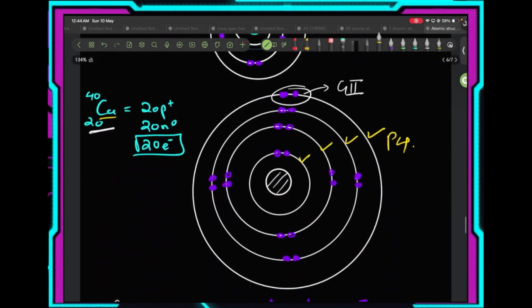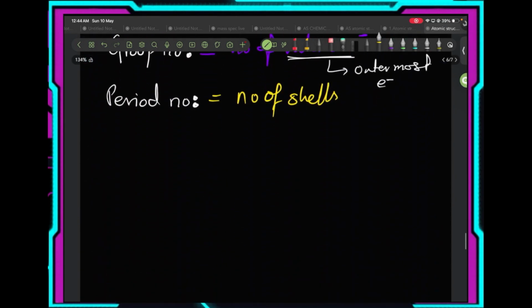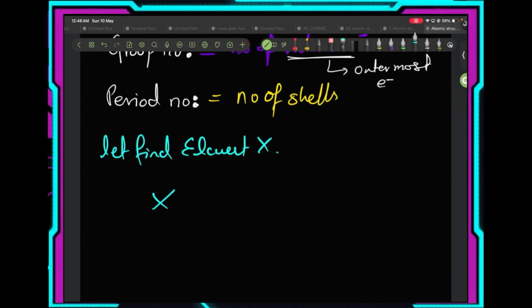Right? So now let's use these two facts to locate an unknown element that we do not know the identity of, but we do know the electronic configuration of. So let's find element X, with atomic number 15 and mass number 31.